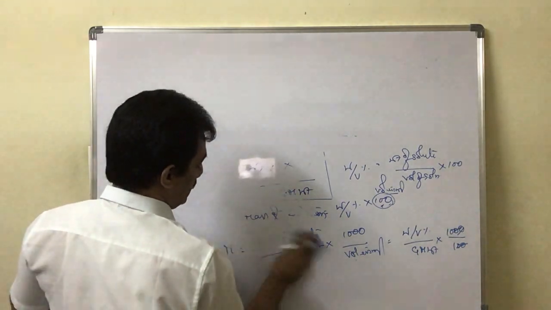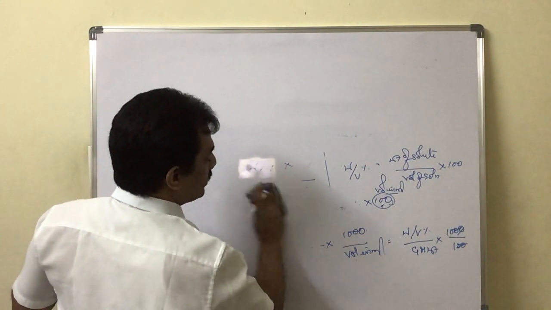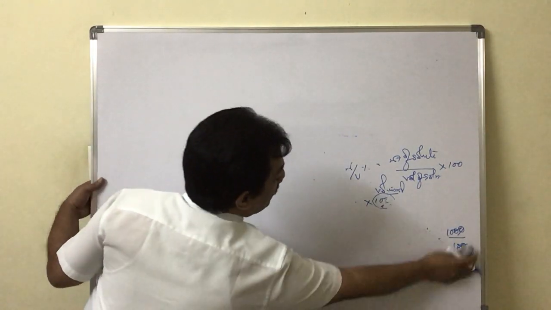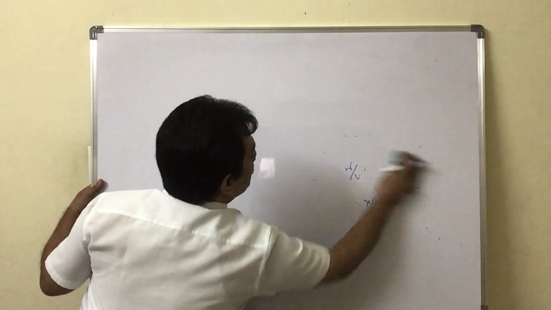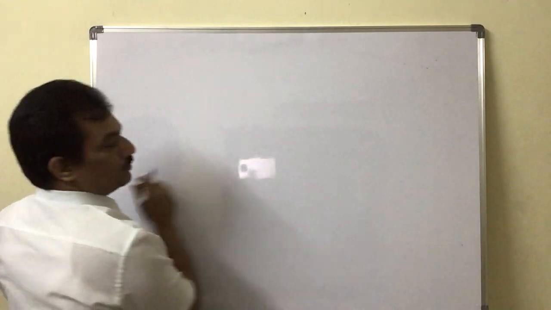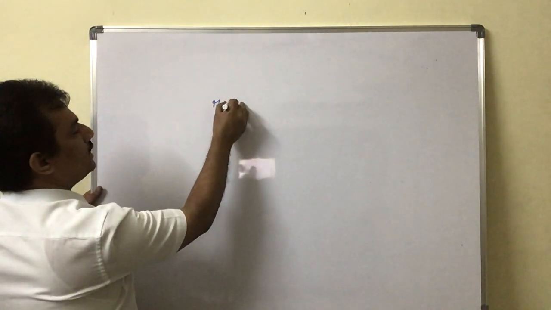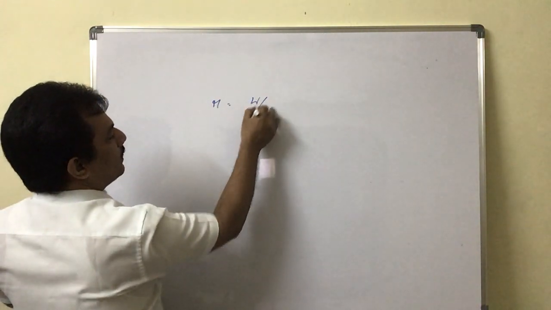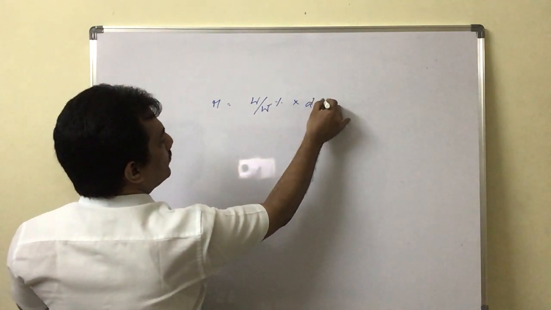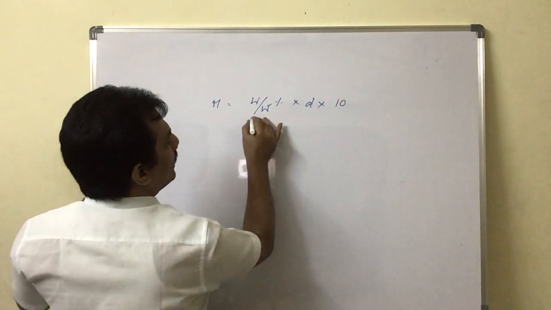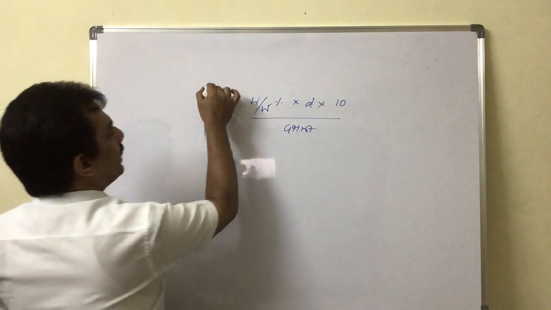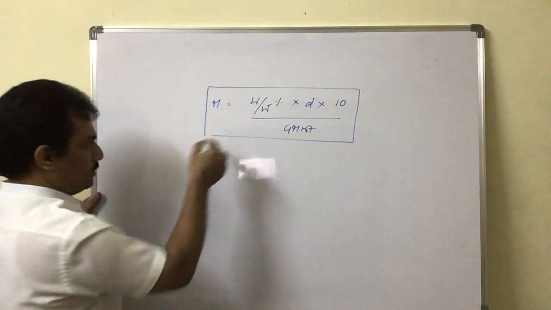In such a case, when density of solution is given and weight percentage is given, molarity is nothing but weight percent into density into 10 by gram molecular weight. This will provide us the molarity.